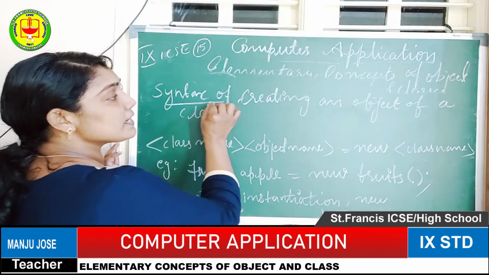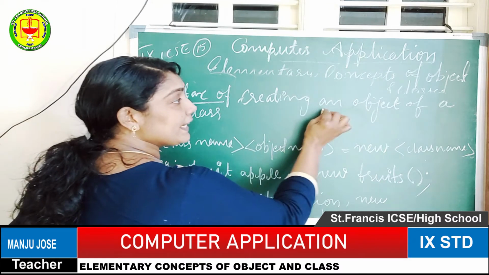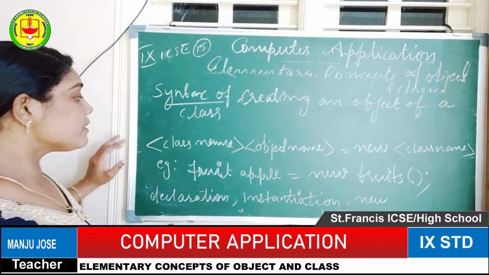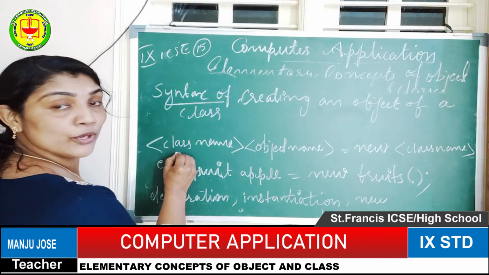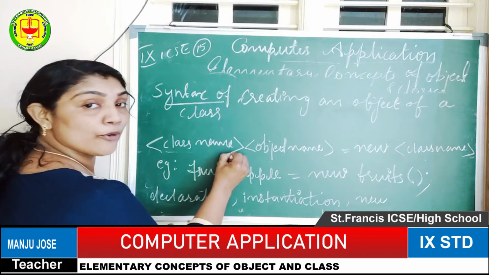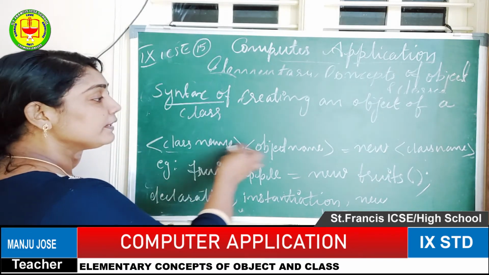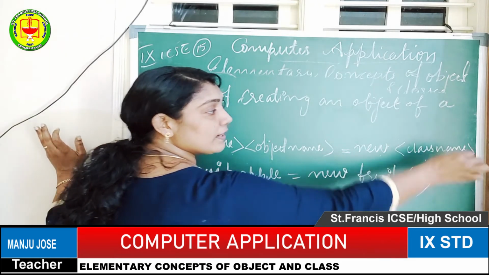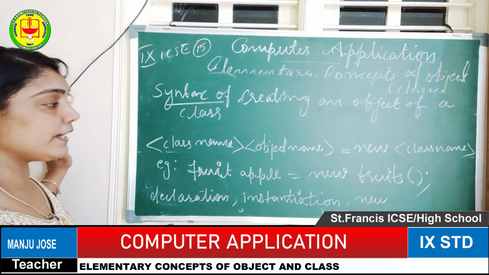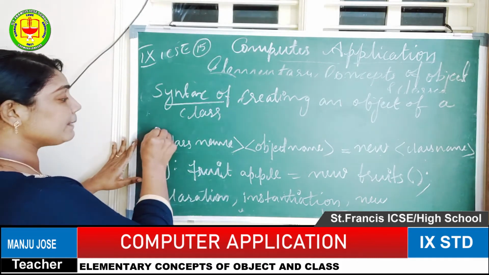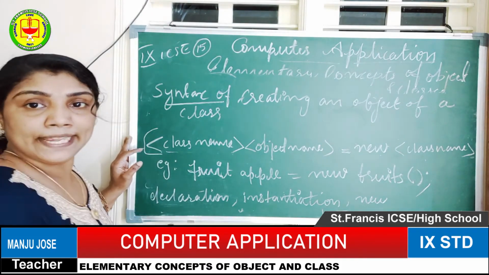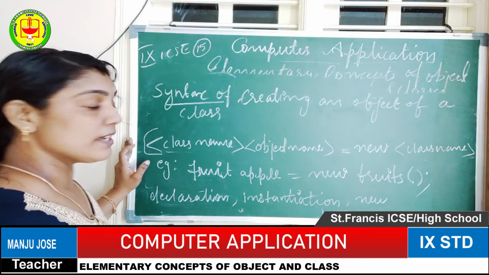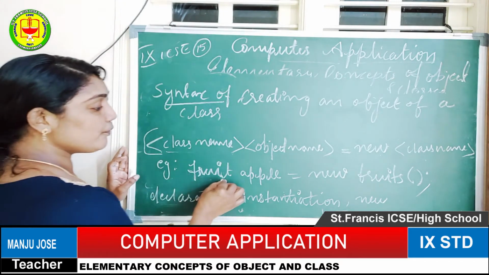So we can see the rules for creating an object in a class. First of all, we have to give the class you have created, that is the class name, then the object name equal to new, then the class name. This is the writing method for creating an object in a given class. The example will be fruit apple.